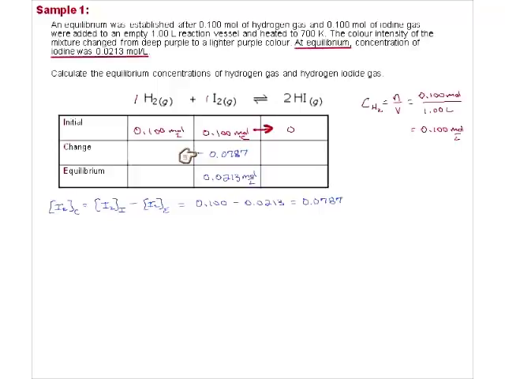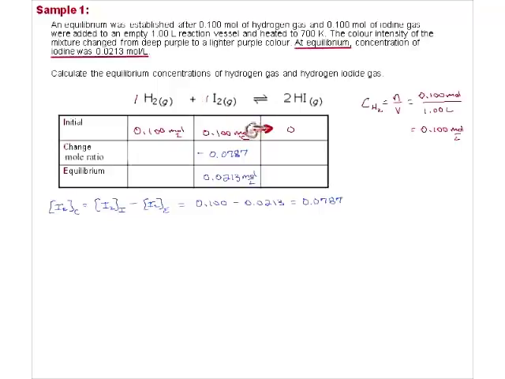Good enough. Okay, now that we have the change in iodine, we should be able to calculate the change in the other two, because the change is based on the mole ratio. And because we have a balanced equation, we should be able to figure out the amount of hydrogen that was going to be consumed.